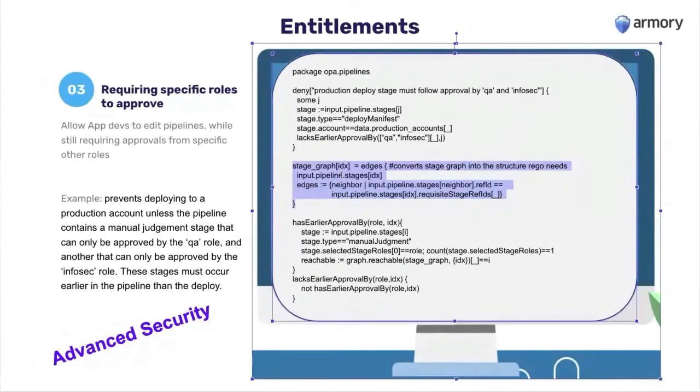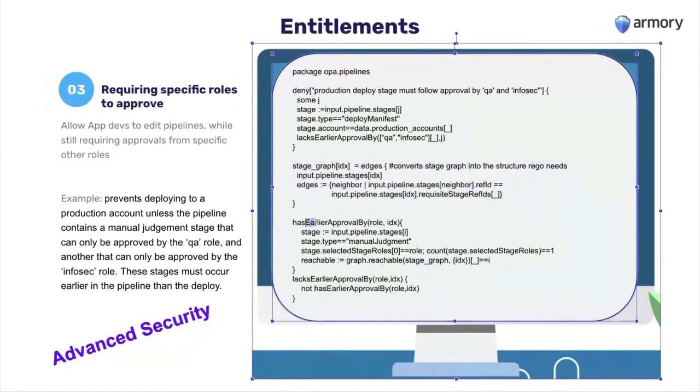Specifically, it's in a format that we can use to check whether or not a node is reachable from a different node. So it allows us to very easily, using a Rego function, say which stages are earlier in the pipeline than this stage. We then have two other helper functions.